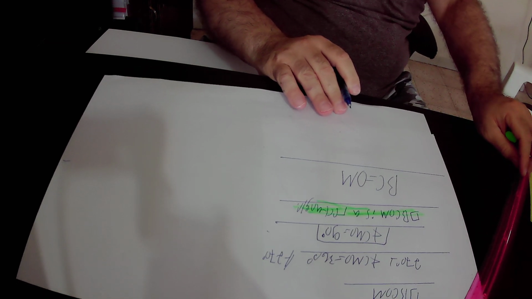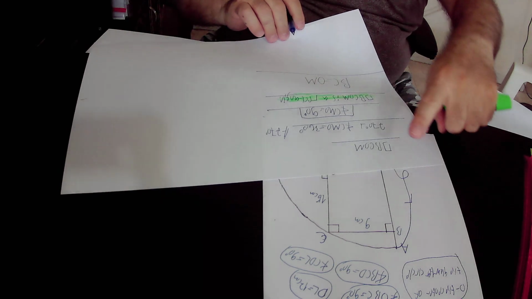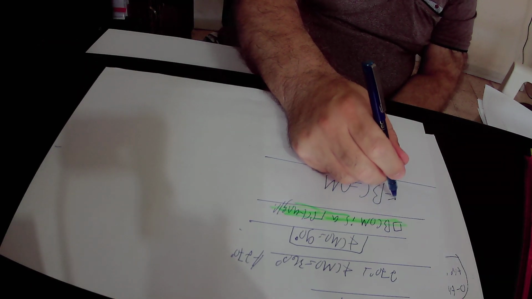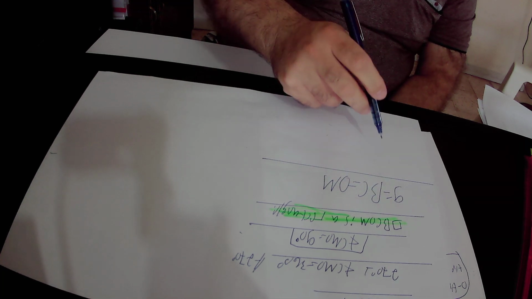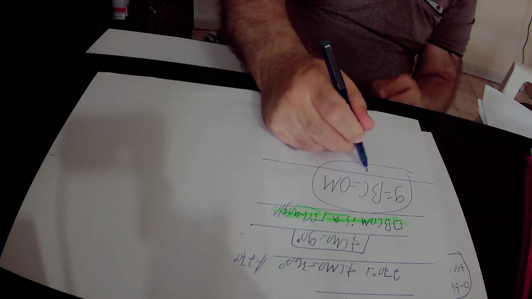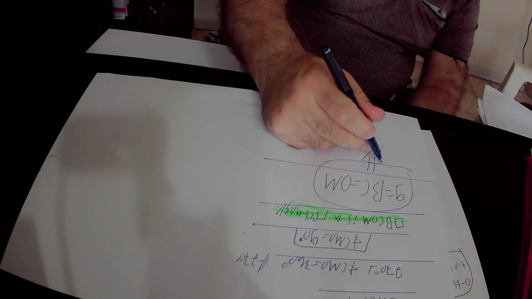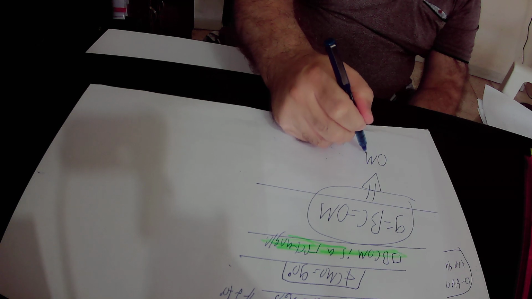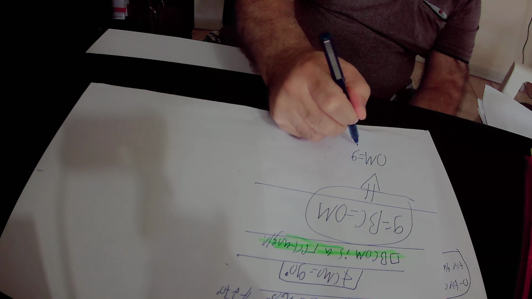Okay. But according to what is given, side BC equals 9 units. So you can write down that BC equals 9, and from this equation 9 equals BC equals OM, we will derive that side OM is also equal to 9 units. OM equals 9 units.